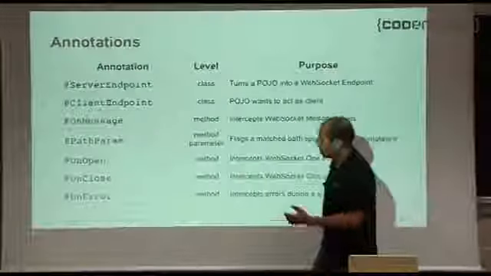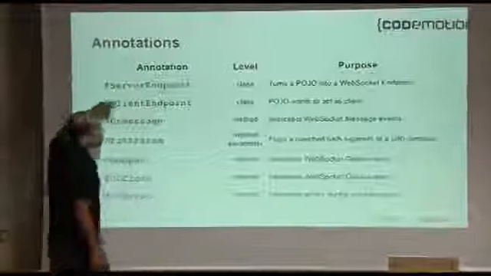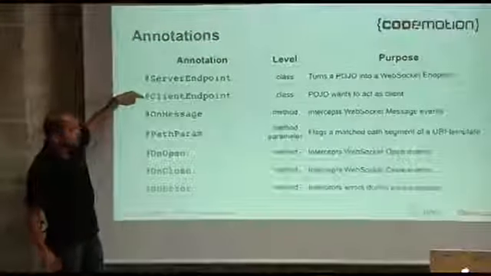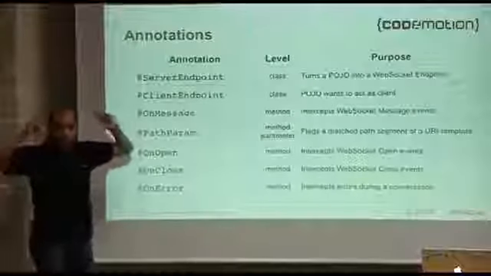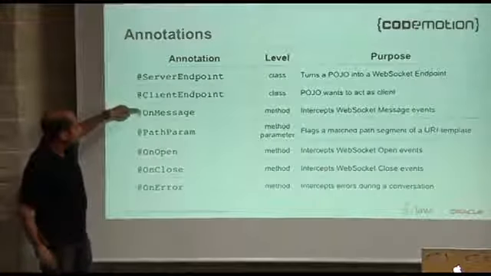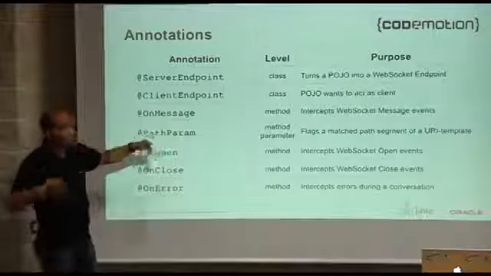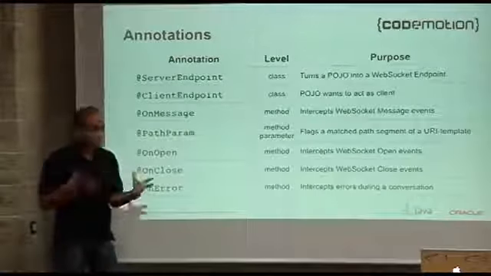There are a bunch of annotations here. This is what turns the POJO into a WebSocket endpoint. This is when the POJO wants to act as a client endpoint. Again, I'm using the terminology client endpoint. We have regular callback handlers here, @OnMessage, and we can have the variable URI path parameters as well.